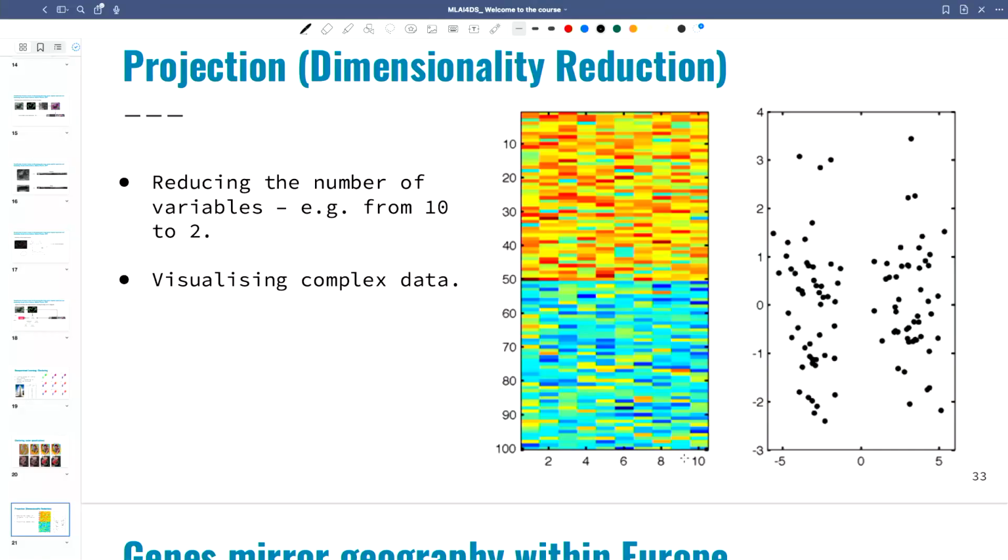So for each gene, you've got 10 different measurements, okay? So your data now, or your features, reside in the space of 10 dimensions. So in order to cluster them and maybe get an idea of whether you're doing the clustering right, you'd better go to dimension 2, because then you can see what's happening, okay? So then you are projecting dimension 10 to dimension 2.